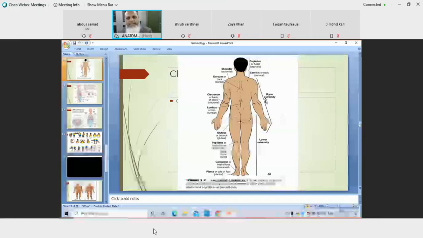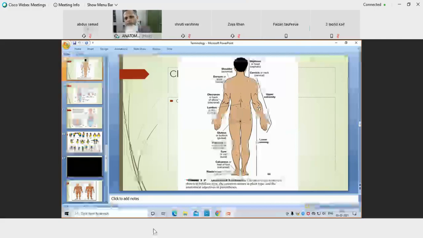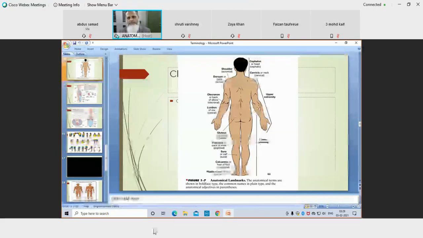Is this slide visible to you? Okay, now listen to me. The part which is nearer to the root or to the attachment of the limb or any structure will be known as proximal. Here, in the case of the upper limb, the root of attachment is the shoulder joint. In the case of the lower limb, the attachment will be the hip joint.